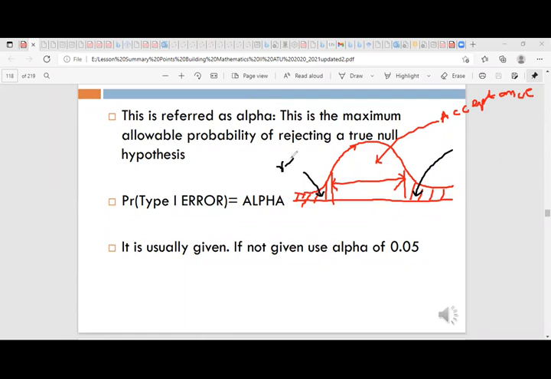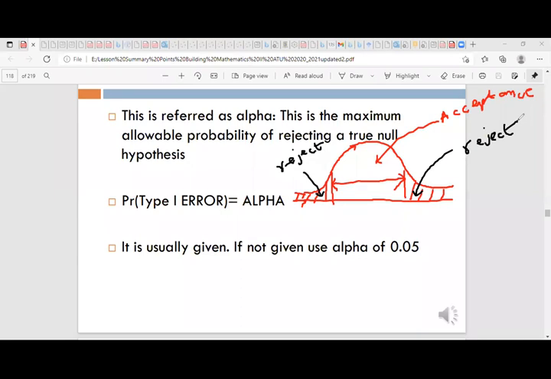So these are rejection regions. Anytime your claim falls within the rejection region, we reject the null claim. So we have acceptance regions, and then we have the rejection region.